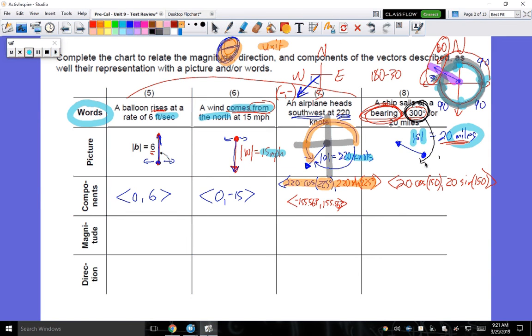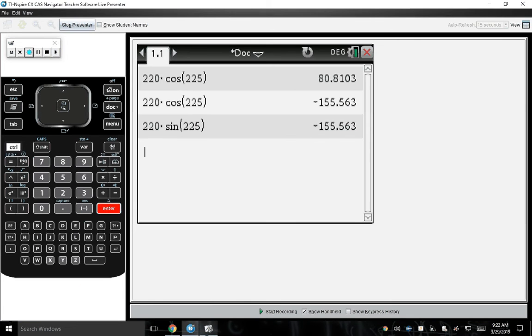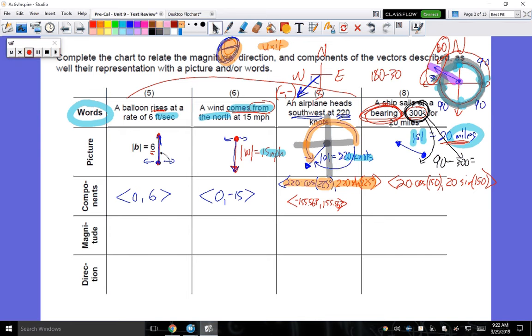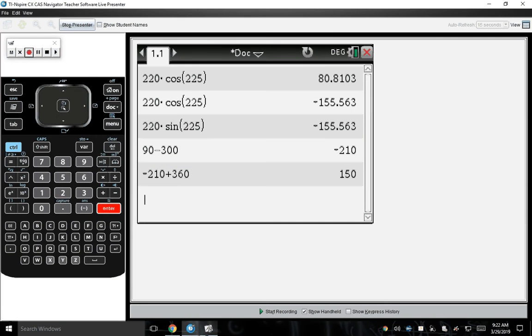You could just do 90 minus whatever they gave you as bearings. And if I go to my calculator, I'll say 90 minus the 300, and it's negative 210, or if I wanted to see the coterminal, I could add 360, which is how we got the 150 that we got visually.